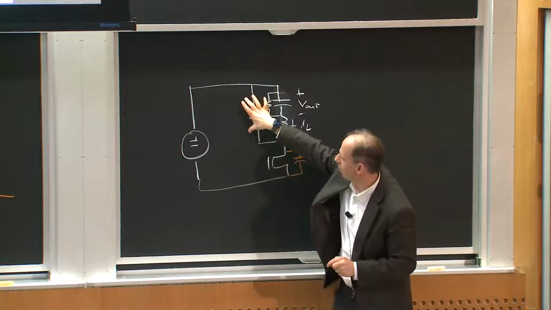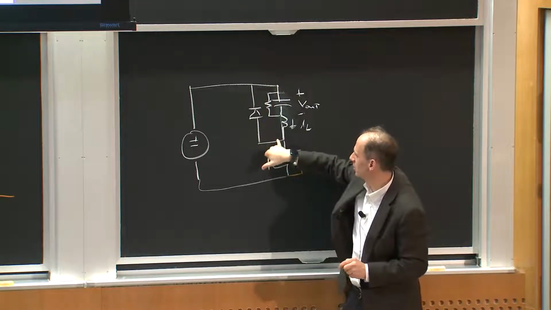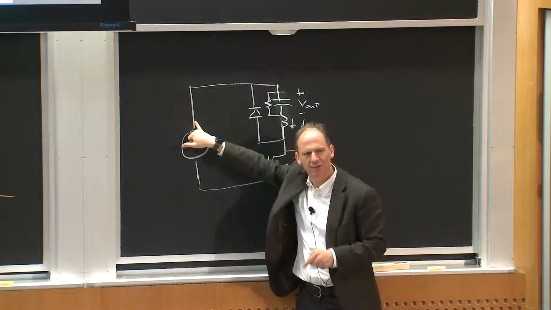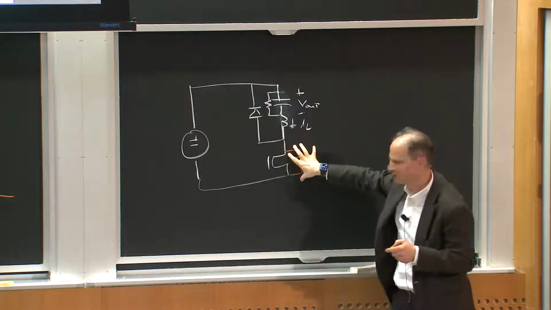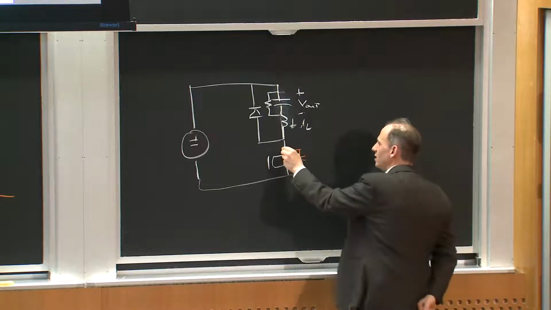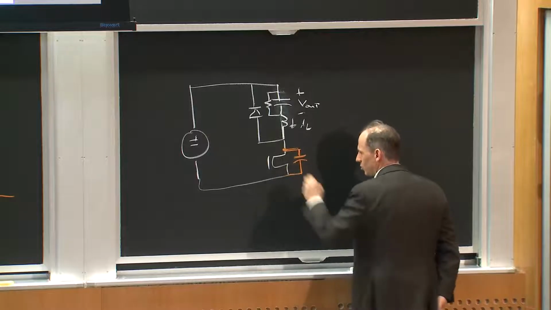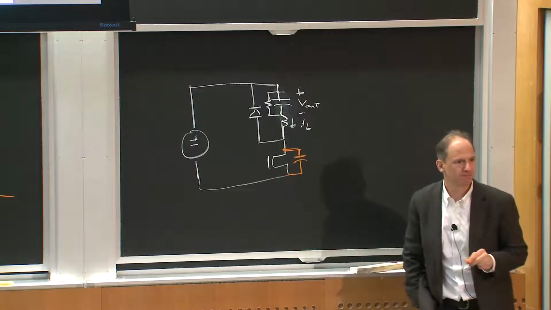The diode also has some capacitance, and that's connected between this node and a fixed potential. So from an AC perspective, it also looks like capacitance sitting here, right? So what we're going to do is use the net capacitance at this node to help give us zero voltage switching, okay?